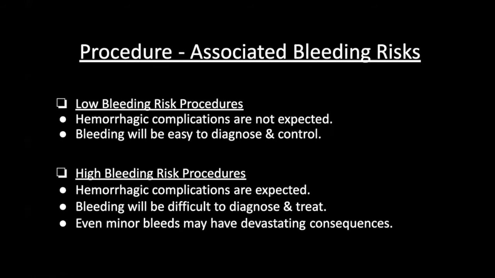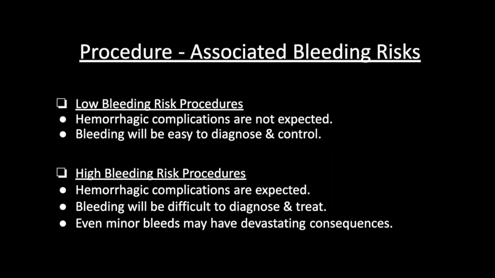And for it to be a low bleeding risk procedure, you have to think about whether you expect any hemorrhage in this procedure, or whether if you had a bleed, would it be easy to diagnose, or would it be easy to control? If it's easy, then that's a procedure that you regard as low bleeding risk.